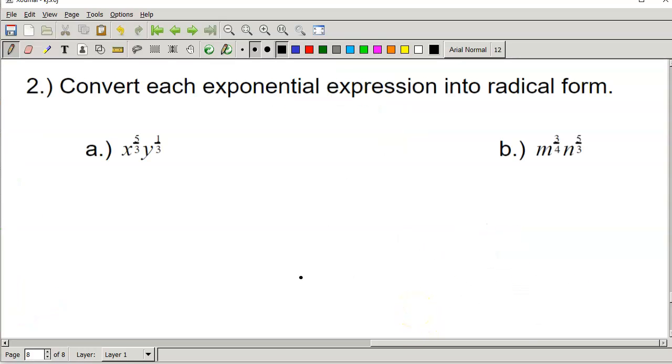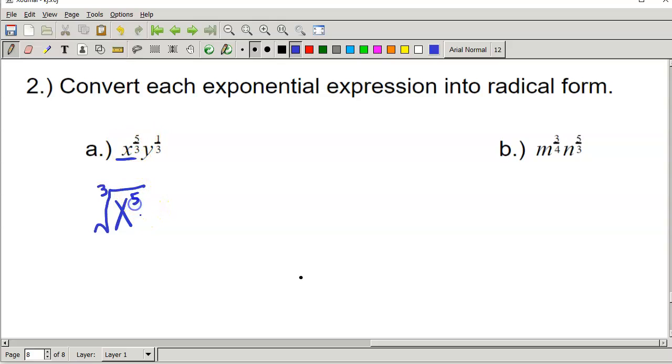All right, number 2. Convert each exponential expression into radical form. So now we're going the other way. I would take this one at a time for part A. I have x to the 5/3. Remember, the bottom number is going to be the index of our radical. So because there's a 3 there, I'm going to have a cube root of x to the 5th.